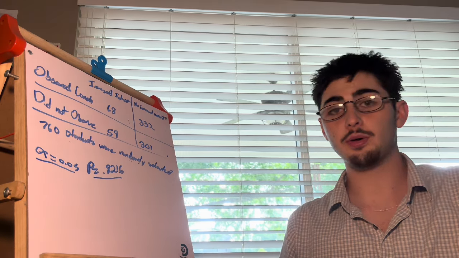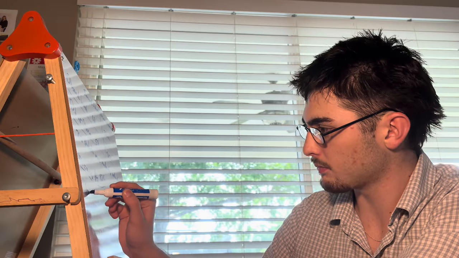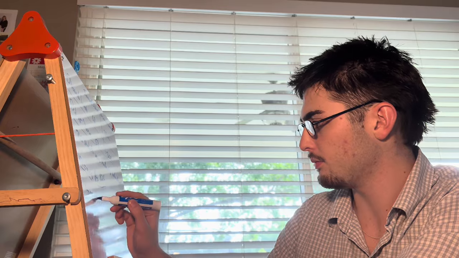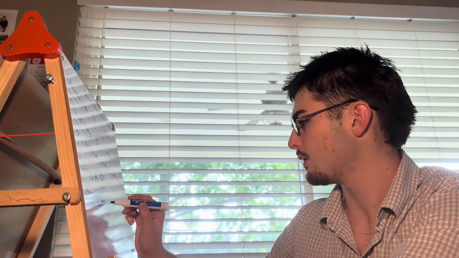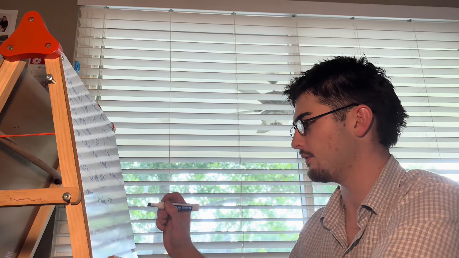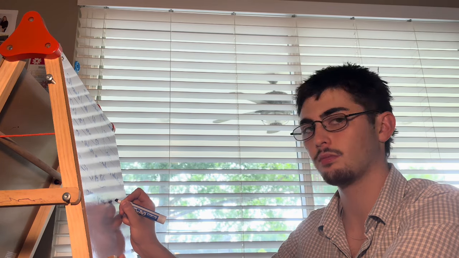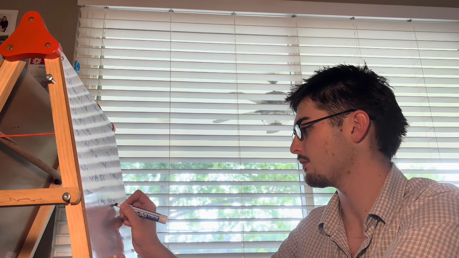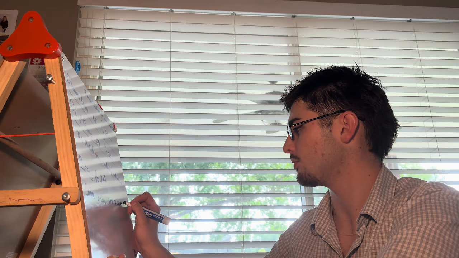So you're going to start it off with because. You write because, p-value 0.8216. You're going to write the p-value. It's greater than alpha, 0.05.